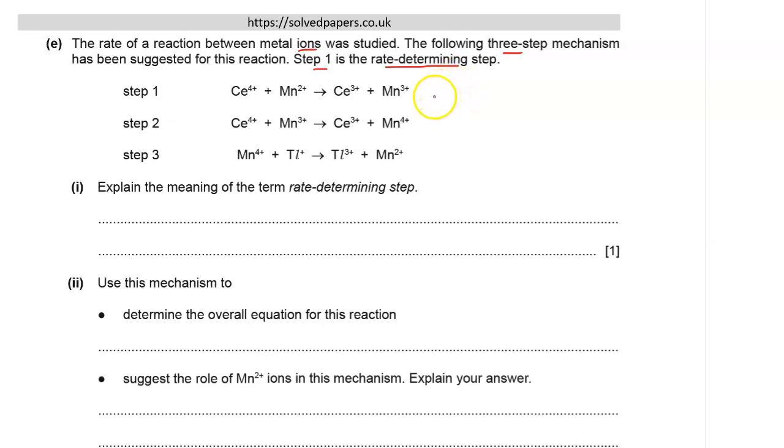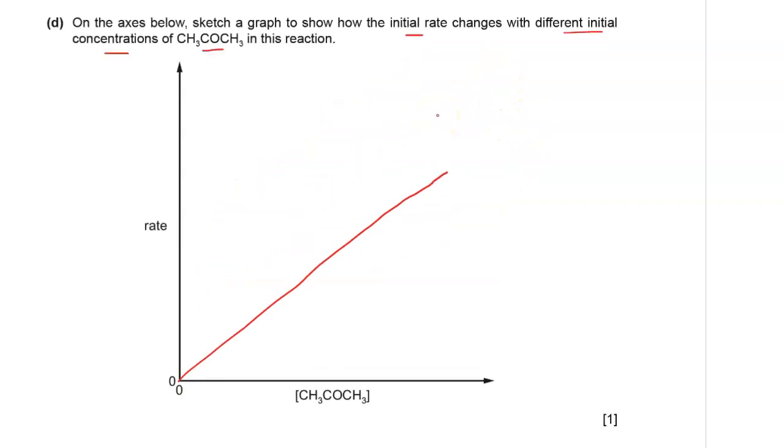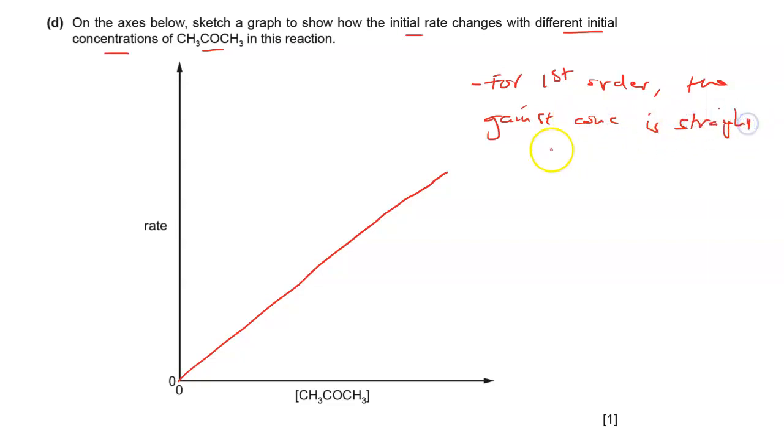Alright, before we move on, I must mention that for first order reactions, like it is for propanol, the graph of rate against concentration is a straight line through the origin.